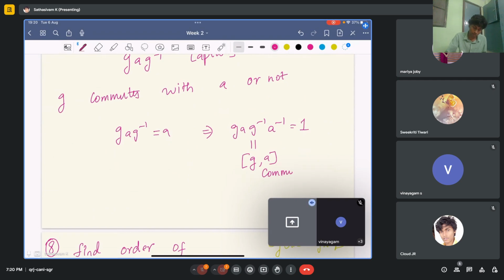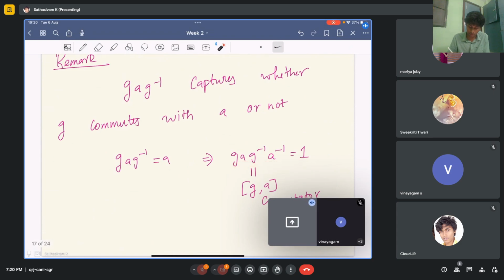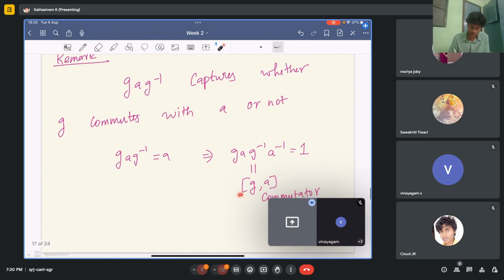So this bracket is just a notation for this element, and they call it a commutator, the commutator [g,a]. So this commutator captures how far your group is from being abelian. Suppose your group is abelian, all these commutators are equal to 1. Suppose your group is not abelian, then these are the measure of your group failing to be abelian.